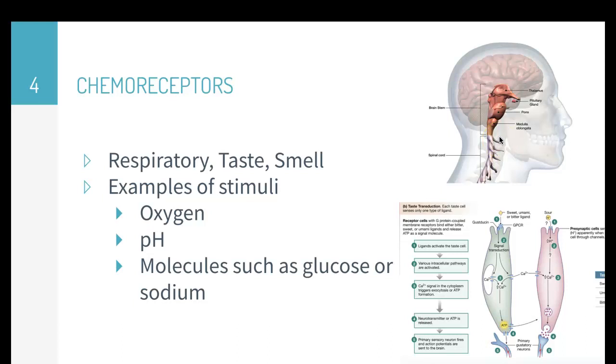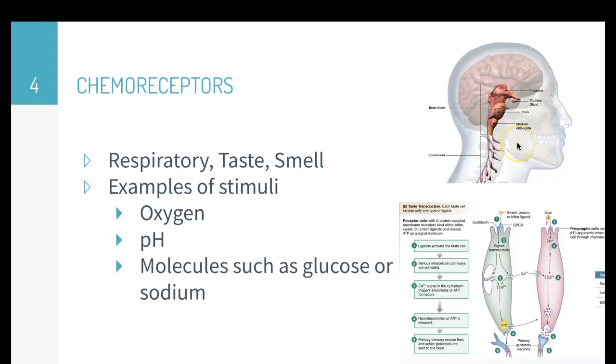These sensory receptors are sensitive to changes in levels of CO2, otherwise known as carbon dioxide, and high levels of carbon dioxide in the body bring about more hydrogen ions, and when this happens, pH is lowered, and the body doesn't like that.